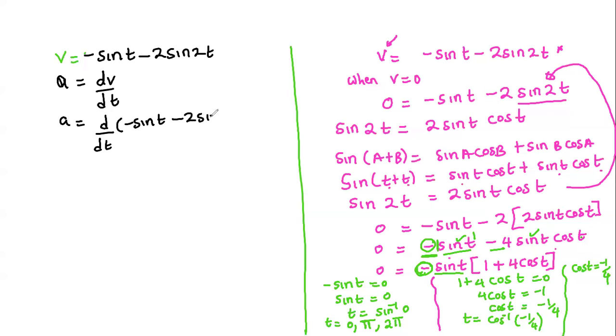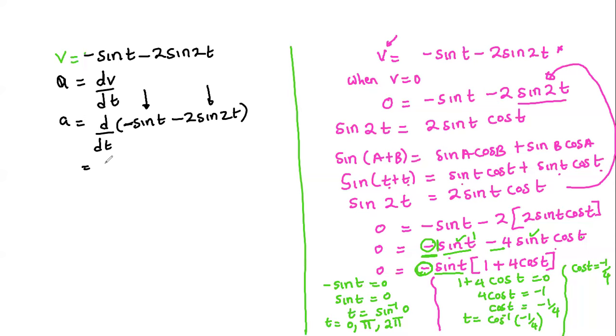So negative sine t is the same as cos t. Okay, just a minute. So what are we going to have? It's equal to cos t. What about this negative, Ruth? Is it disappearing? Why? Because when we differentiate cos t, I get a negative sine t.